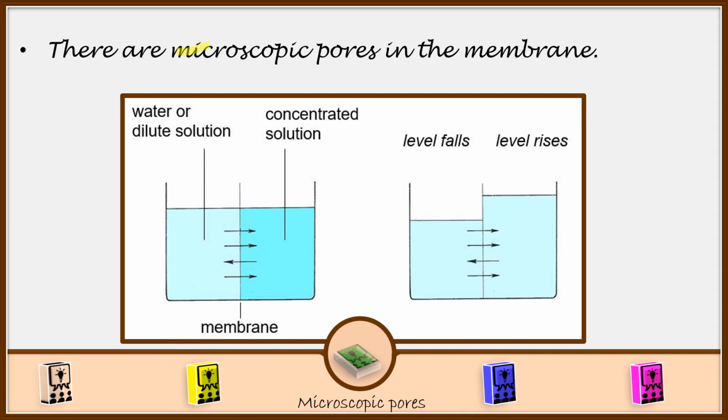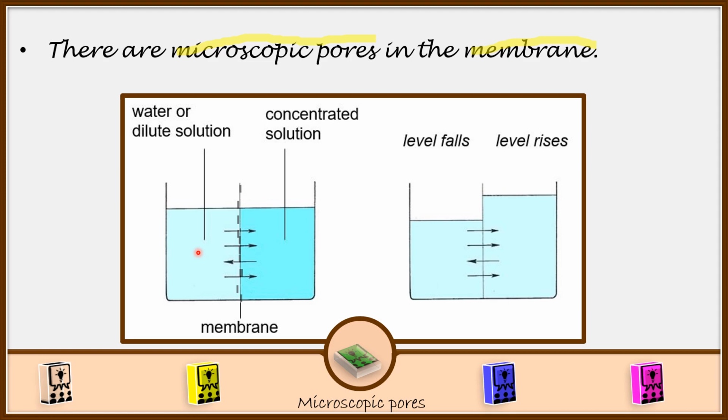There are microscopic pores in the membrane. This membrane that we have in the middle has very small pores, which we are calling microscopic, and those very tiny pores are the ones that are allowing the flow of water in either direction.